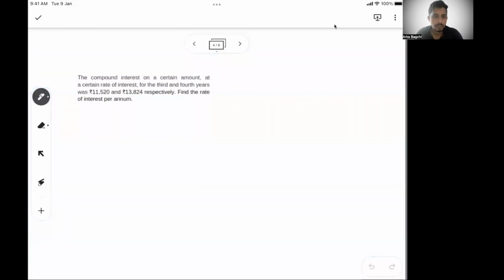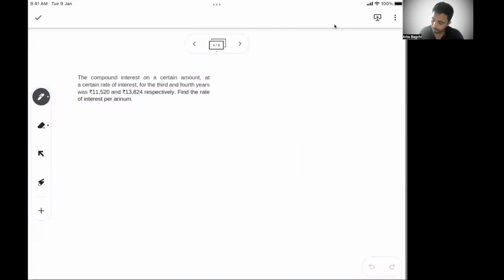Going to the next problem. The compound interest on a certain amount at a certain rate of interest for the third and fourth year was 11,520 and 13,824 respectively. Third year and the fourth year. Okay.